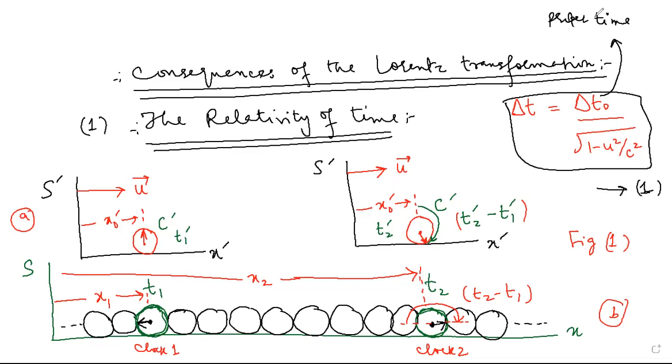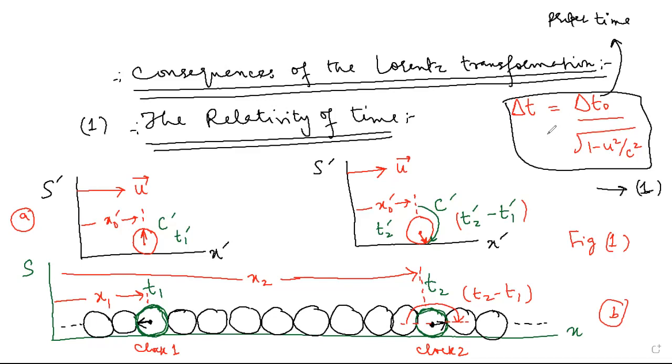The observer relative to whom the clock is in motion, that is observer S, measures a greater interval between ticks, right? We have obtained this relation by applying Einstein's postulates to physical situations. Now we will see that we can obtain this same equation as a consequence of the Lorentz transformation.